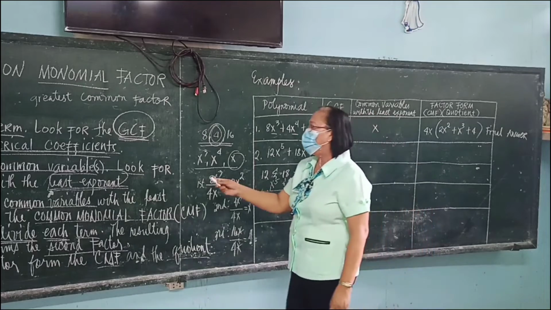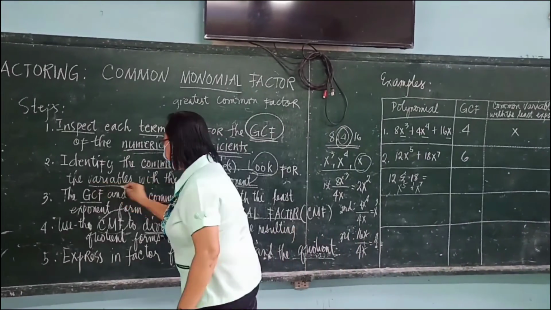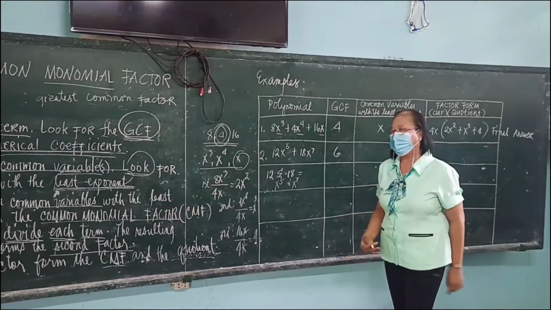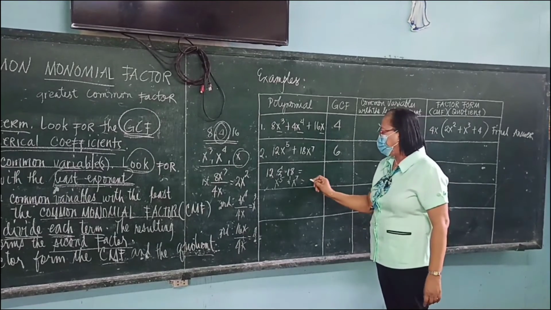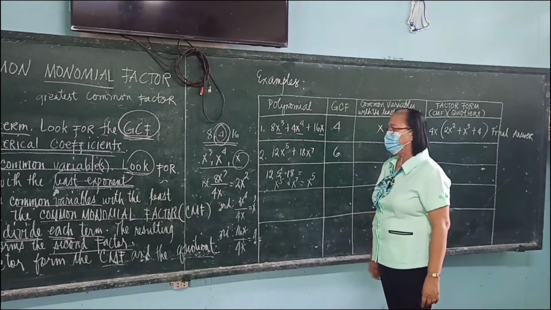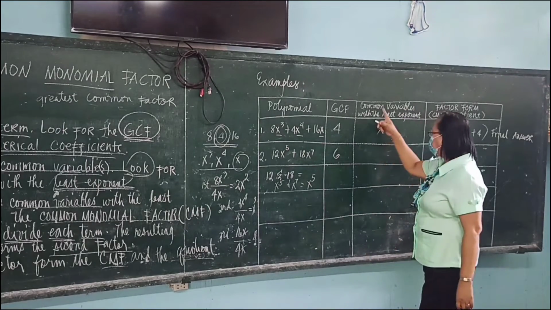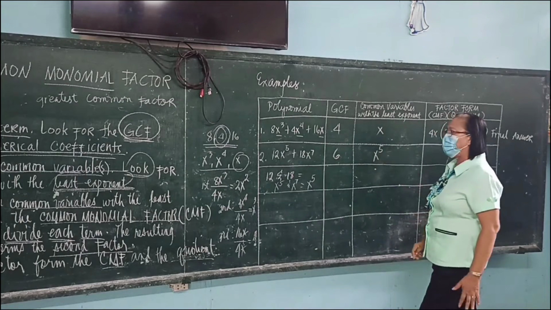Next, look for the variable with the least exponent. The least, the smallest. What is that? You have x to the power of 5. So, the common variable with the least exponent is x to the power of 5.